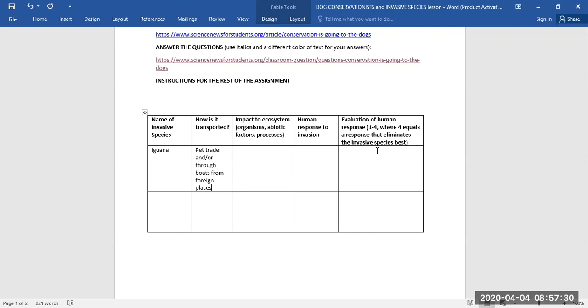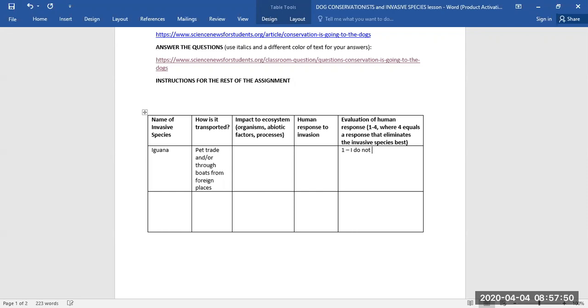I'm going to say that instead of putting a number response here, I'm going to write a written response. Well, maybe I should do both. I'll say that my response is a 1, and I'll say why.